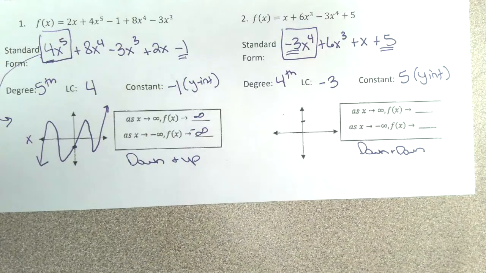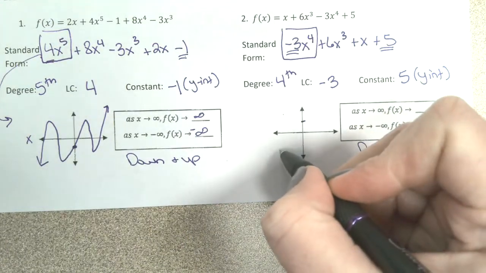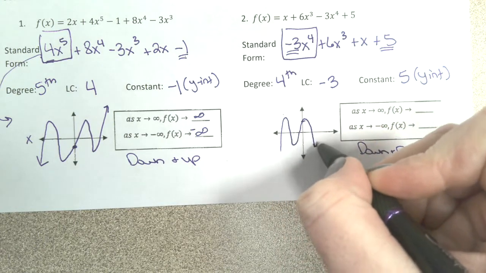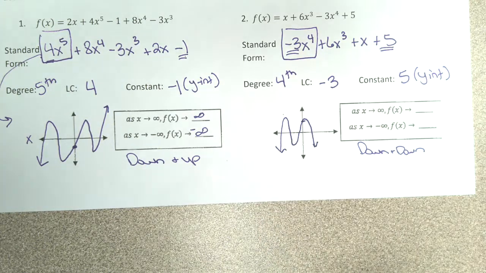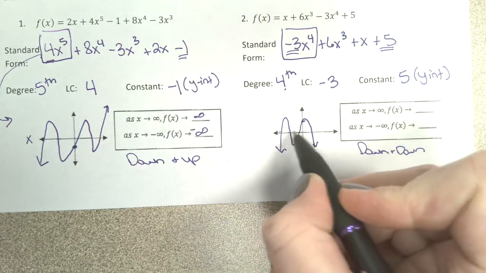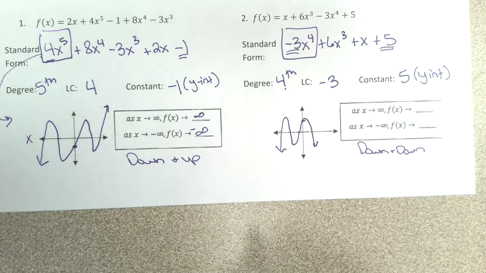All right, so maybe it looks like 1, 2, 3, 4. That degree tells you it has at most 4 x-intercepts. I didn't say exactly 4, I said at most. It could have fewer than that.